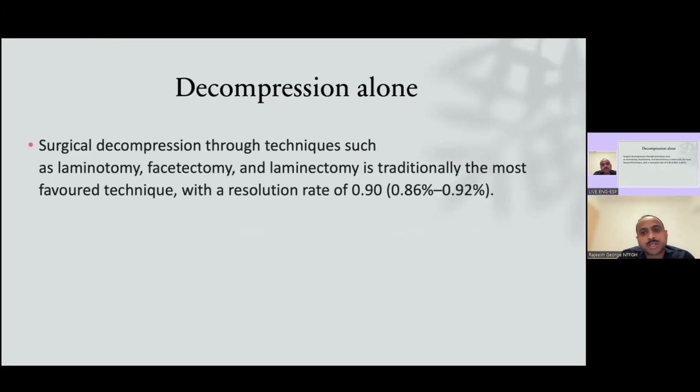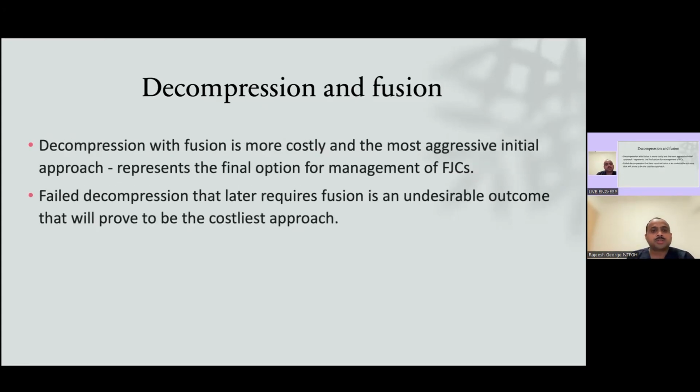When you come to decompression alone, which is the most used, it involves laminectomy and facetectomy, and the resolution rate is supposed to be around 0.9. And the last option is obviously fusion, which definitely takes care of and assists.